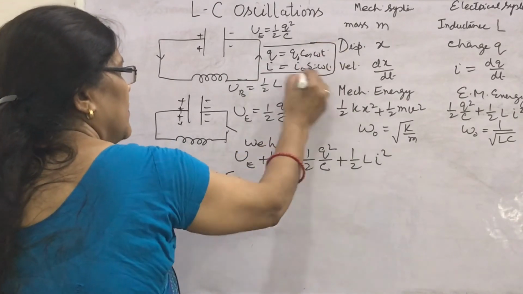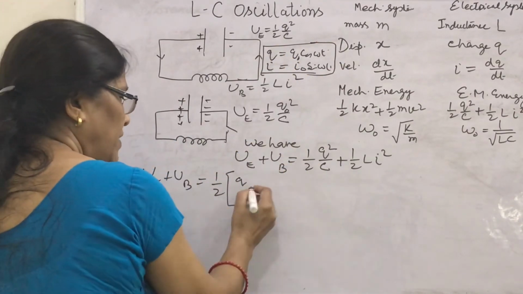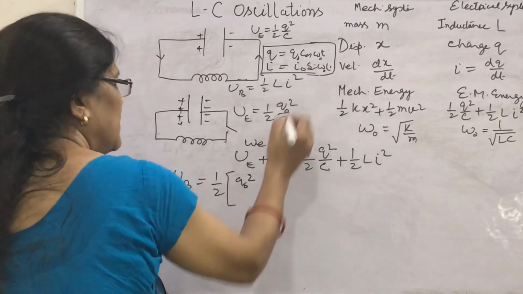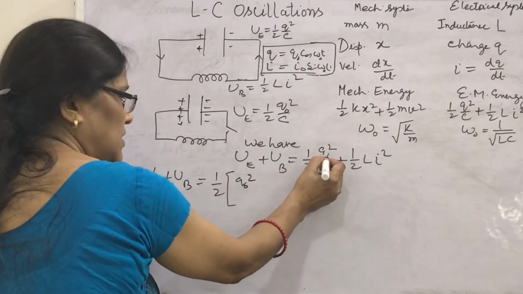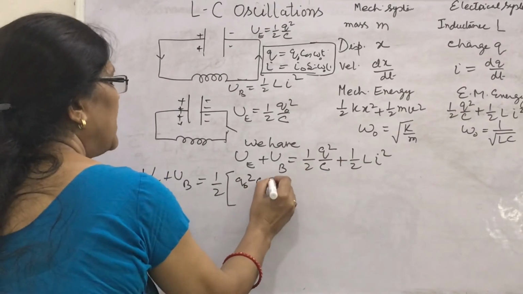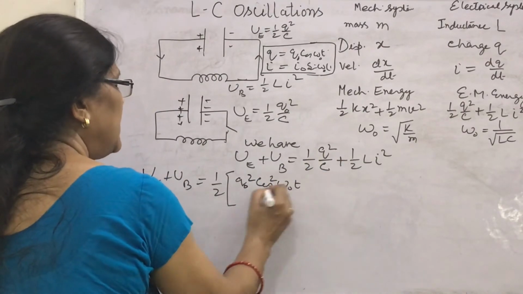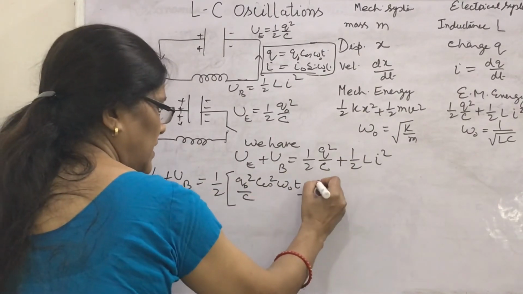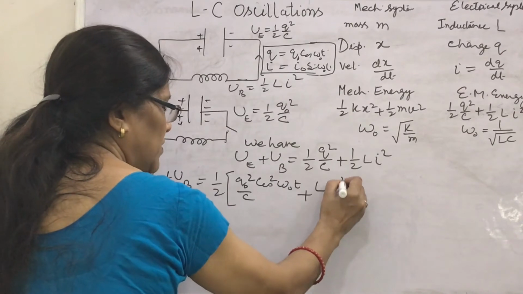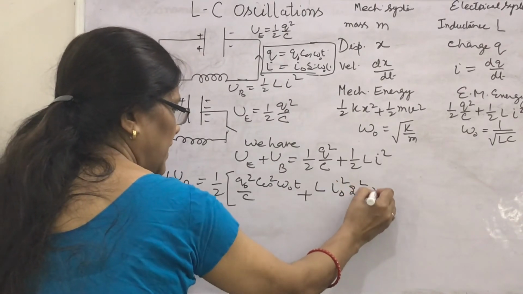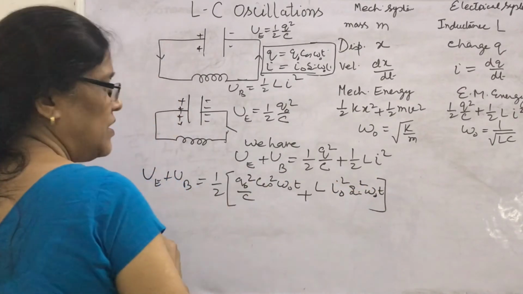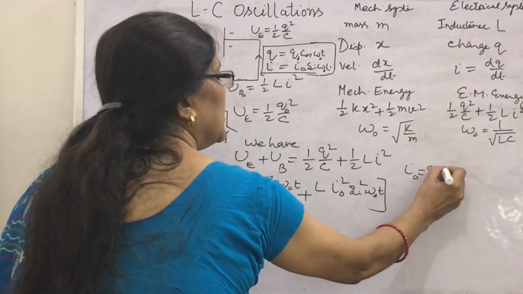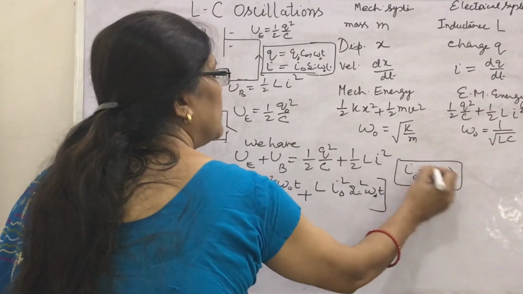Putting the values here, where omega naught is the frequency at resonance, we get half of q naught square cos square omega naught t upon C plus L into I naught square sin square omega naught t. We have proved that I naught is also equal to q naught omega naught.